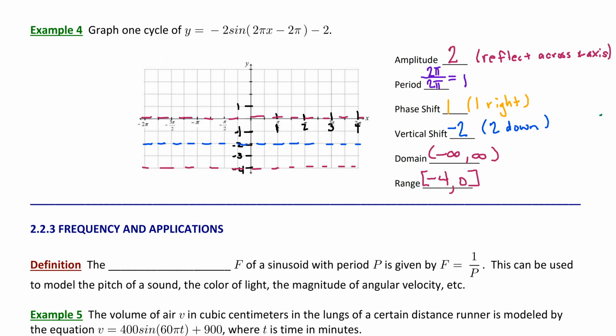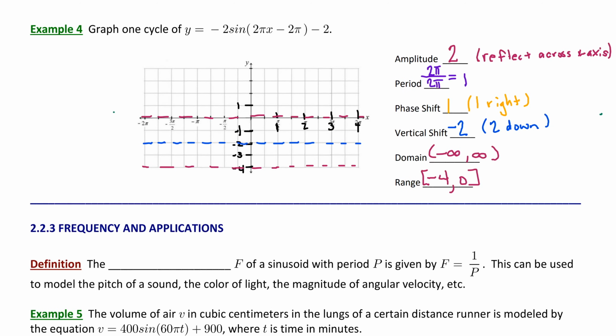Now, let's determine where that first fundamental cycle is located. Recall that for an original sine wave, as the argument ranges between 0 and 2 pi, we get 1 fundamental cycle. So I'm going to take the argument of this sine wave and trap it in between 0 and 2 pi. You can do the argument in factored form or the argument in its original form.